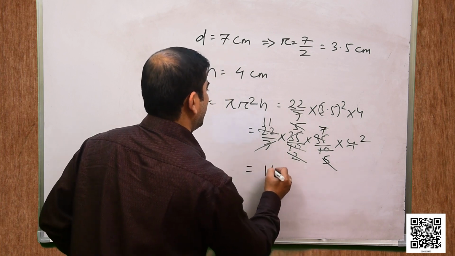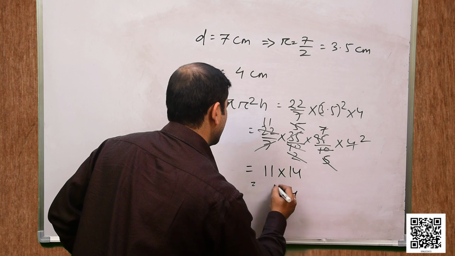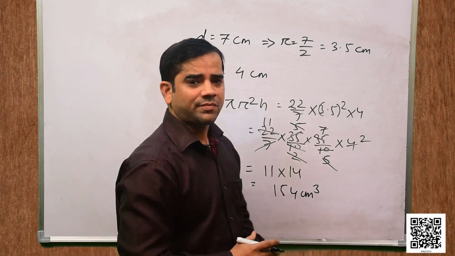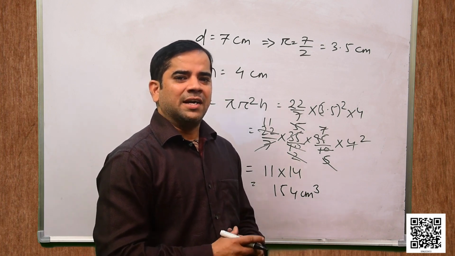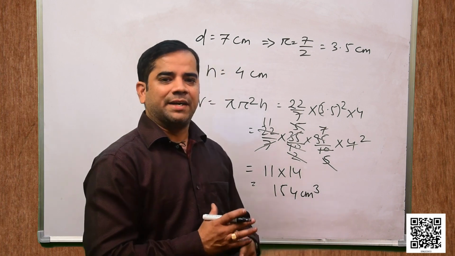So that is equal to 11 into 14, 154 centimeter cube. Okay, so the volume of the cylindrical bowl is found to be 154 centimeter cube.